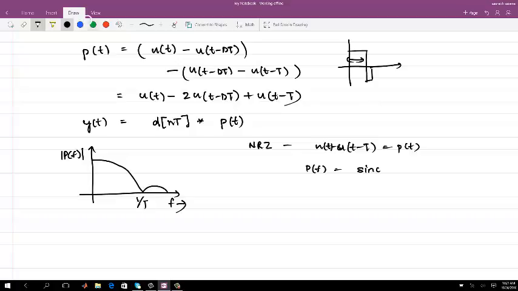But what the actual thing is, if you write for the PWM waveform, which is u of t minus 2 times u of t minus dT plus u of t minus T, it actually doesn't have a null at 1 over T. It's something else, you can work that out.